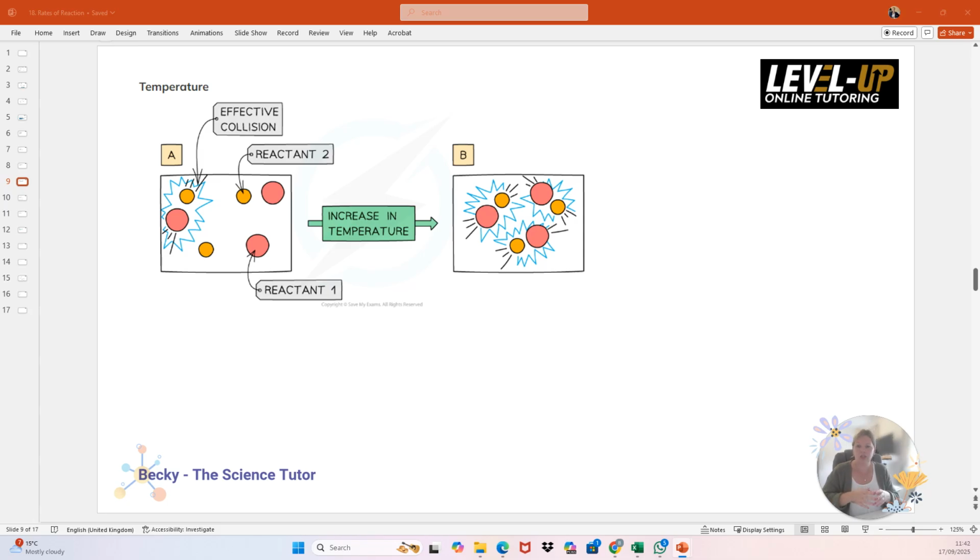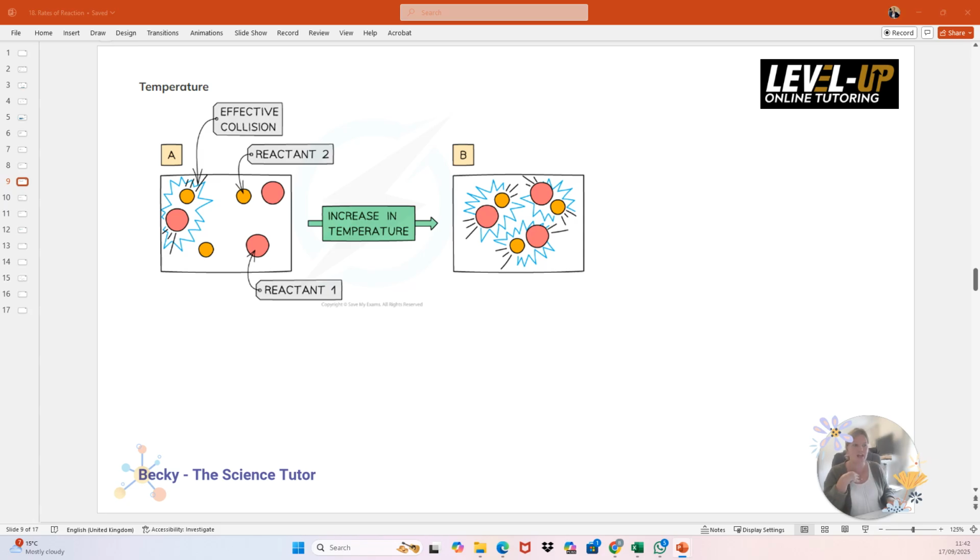So because particles are moving faster, we've got more chance of collisions, and because those particles are moving faster, they've got more energy. Remember, sometimes they can collide and bounce off one another, but if they're hitting harder, it's more likely to be a successful collision, not just a collision.